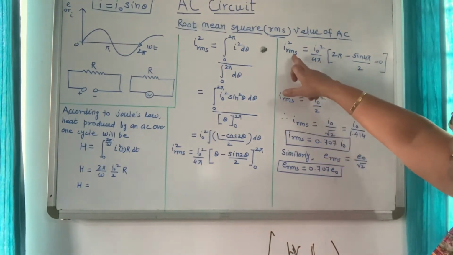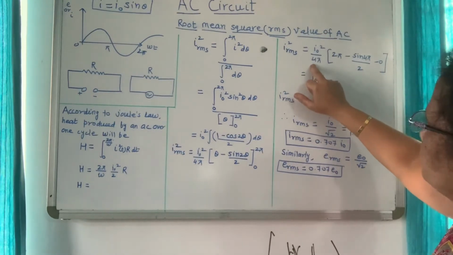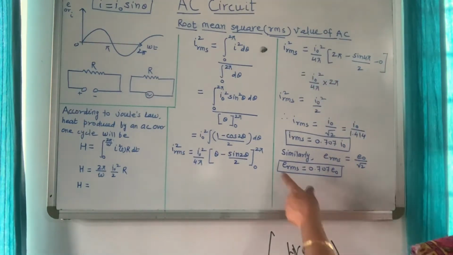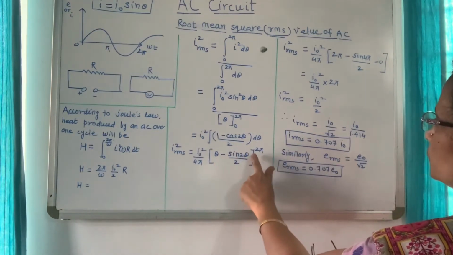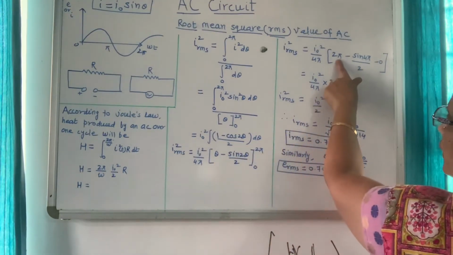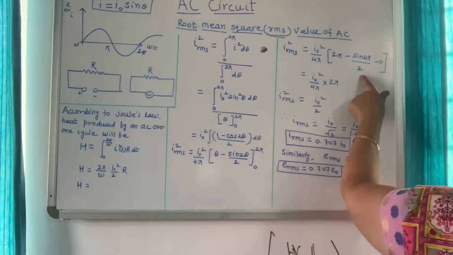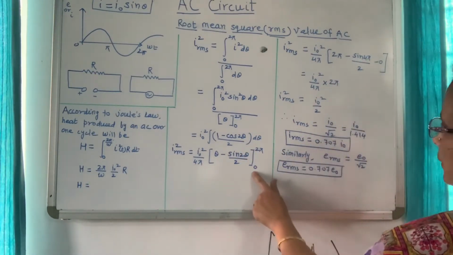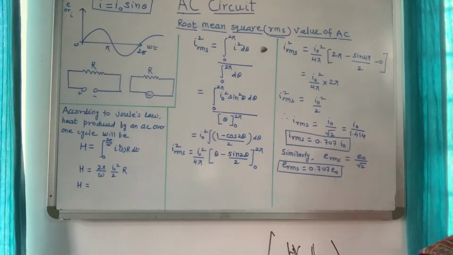Now see here, I square RMS is I0 square upon 4 pi multiplied by substituting the limit. For the upper limit, instead of theta you will keep 2 pi. So this is 2 pi minus sin 2 into 2 pi, that is sin 4 pi upon 2, minus the lower limit, which is 0, so everything will be 0 there.